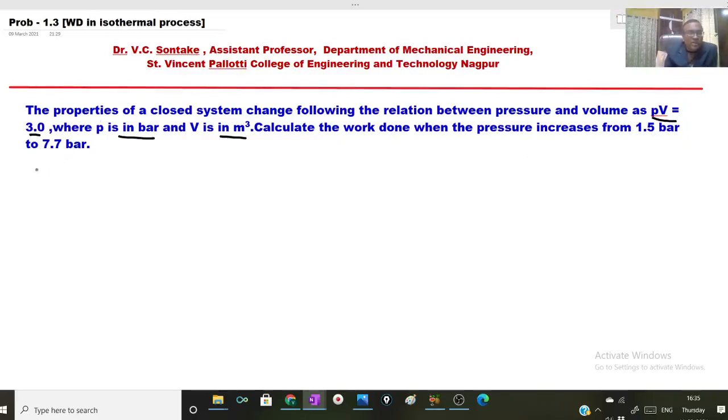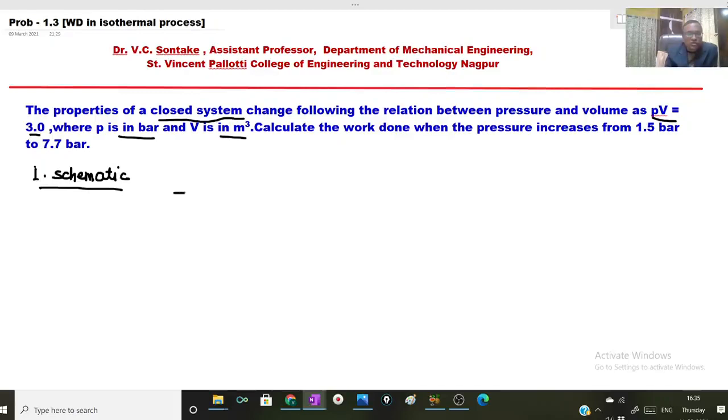So let us first draw the schematic of this problem, or the schematic of the system involved and process involved. As you can see here, it is very clear-cut given. The system where the process is taking place is a closed system.